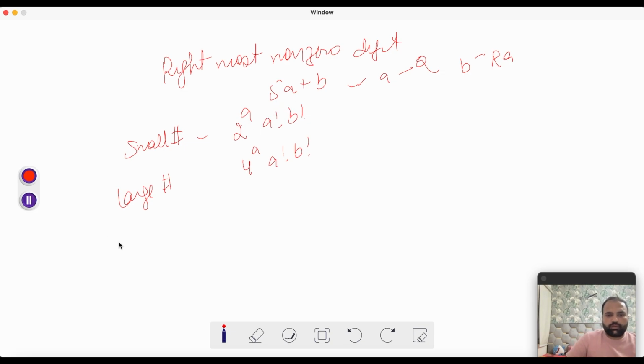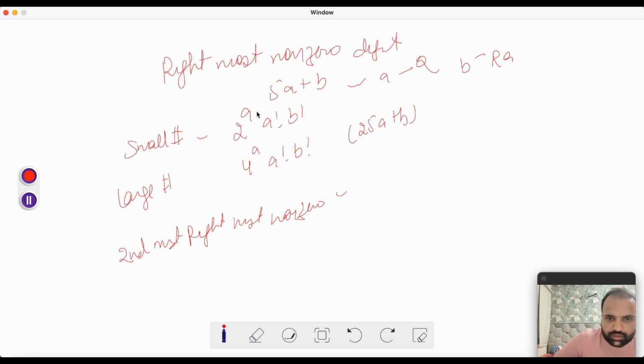And then what did we find? We found the second rightmost non-zero digit. So again, for this same, over here in large numbers you have 25a plus b. This is 25a plus b.